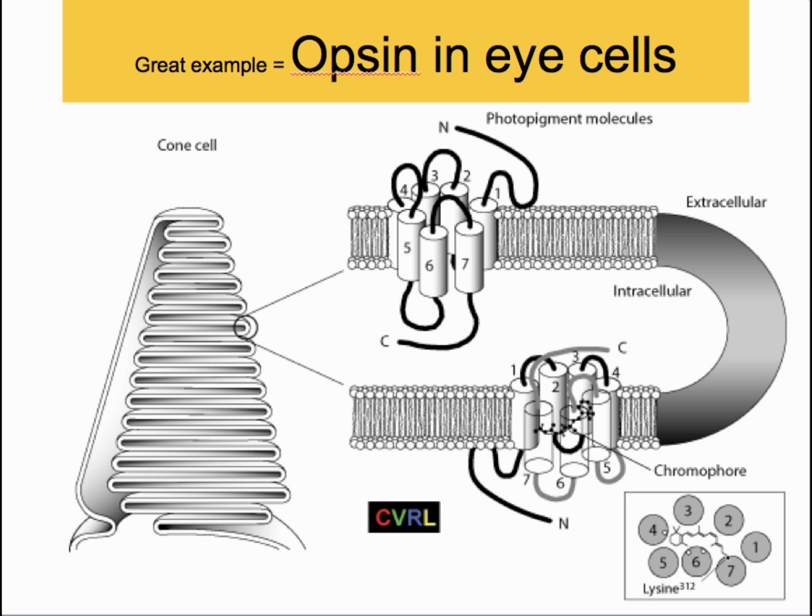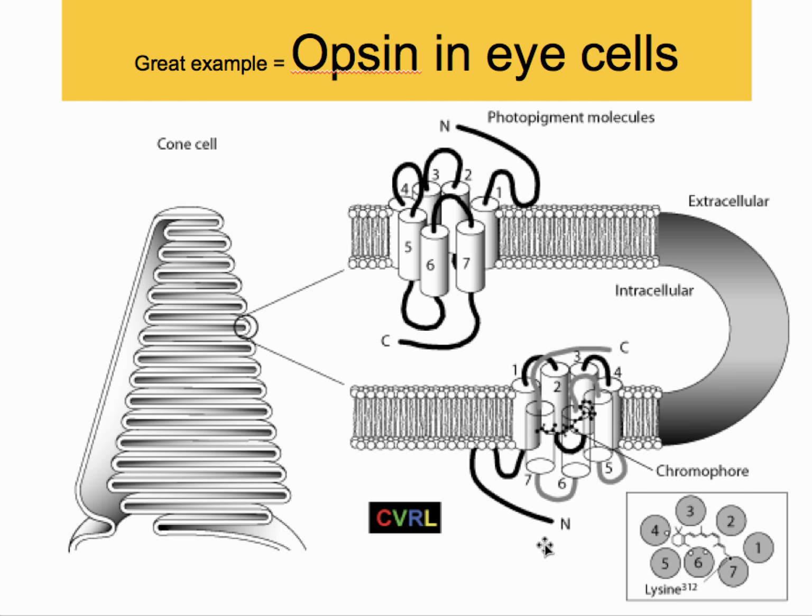A fantastic example of a GTP binding protein in action is provided by cells of the eye. In the retina, at the back of the eye, there is a layer of cells which detect light. They are referred to as rods and cones. They work in a very similar fashion. In the membrane of the rod or cone cells is embedded a protein which is sensitive to light.